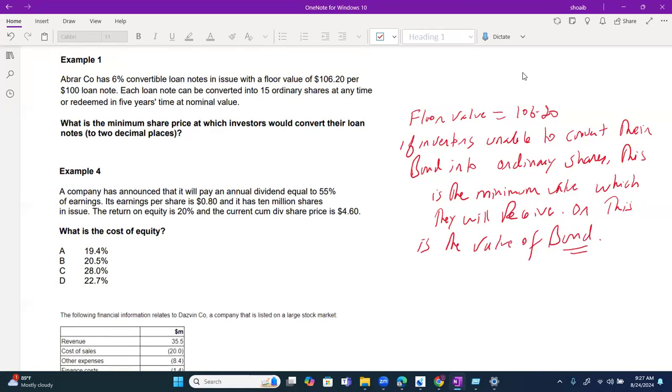Okay. And each loan note is converted into 15 shares. What is the minimum share price at which the investor would convert their loan notes? So divide the floor value by the number of shares. $106.20 divided by 15 is 7.08. So this is the minimum share price. Okay, 7.08 is the answer.